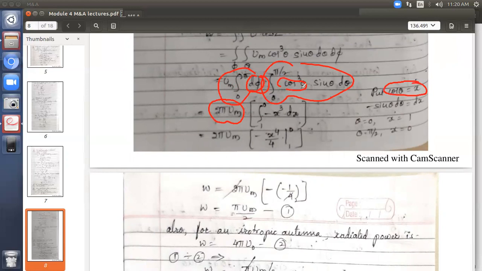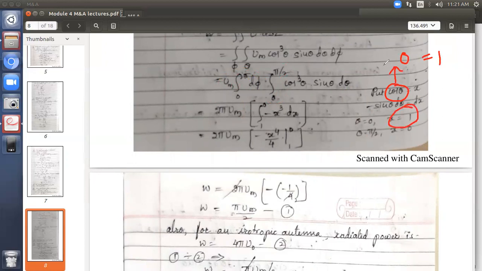Differentiation of cos is minus sin theta, so minus sin theta d theta equals dx. Now change the limits. It is actually 0 to pi by 2. So apply both 0 and pi by 2. Check. If I apply 0, what is cos 0? Cos 0 is 1. So I will get x equal to 1.